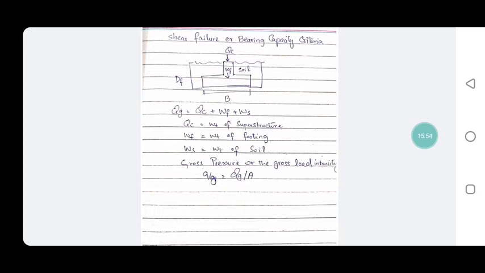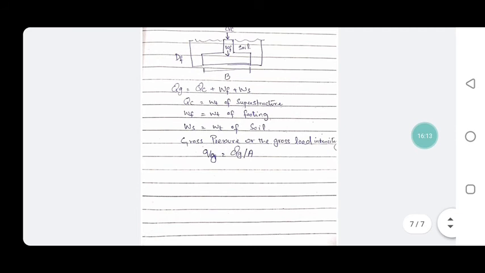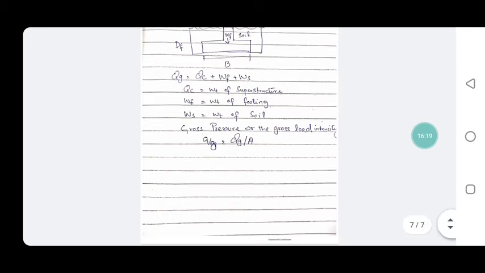It also has a weight which we will represent with WS. So QG is equal to QC plus WF plus WS. If we add this we get gross load. When we divide this QG gross load by the area of a foundation, then we will get gross pressure.